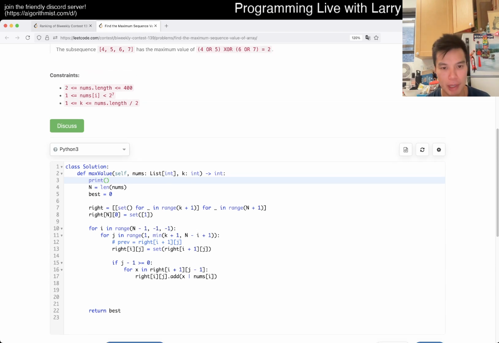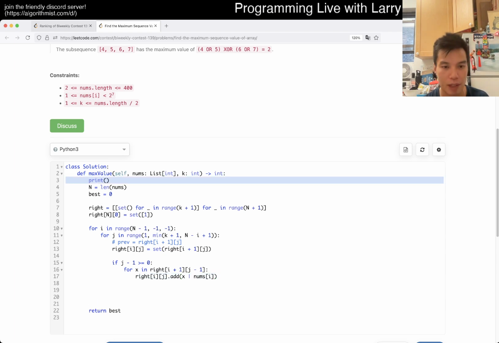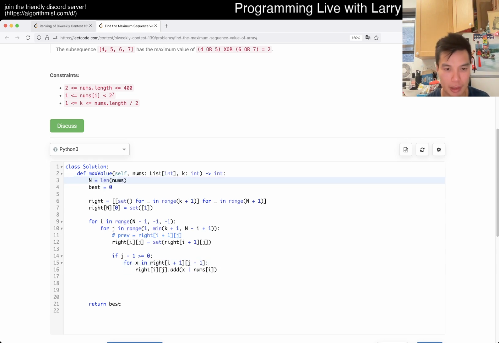It's going to be 400 by 400 ish. 400 by 200 by 128 is kind of slow. But if they had just made the bound 200, this would have been so much cleaner, right? What is the advantage of having it 400? I don't know. It's kind of crap. Anyway, we'll test this later.